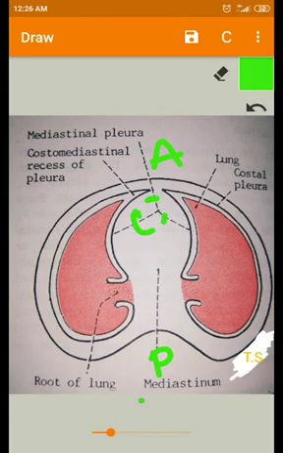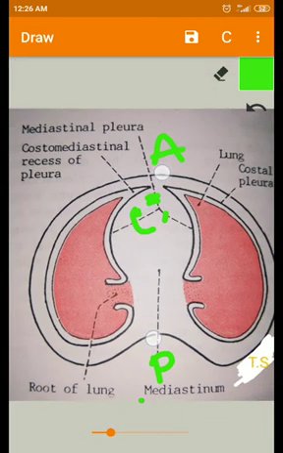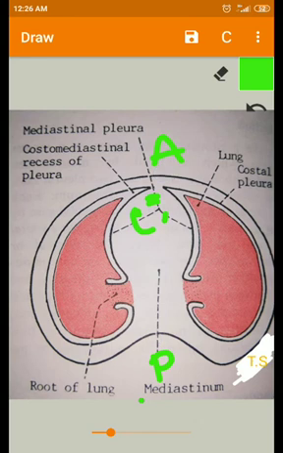So this is below the level of the fourth thoracic vertebra. Up to that level we'll have the trachea present actually. In this space, in the mediastinal space, just go and revise that inlet.